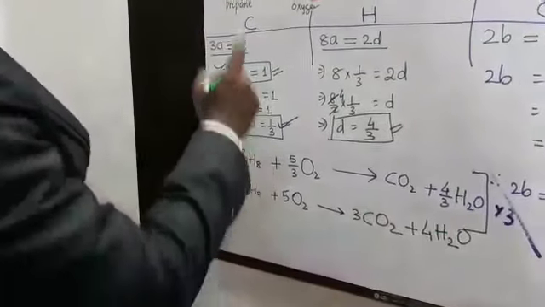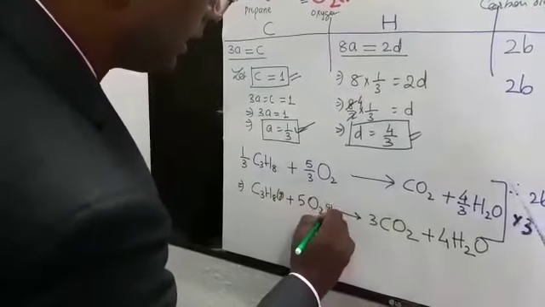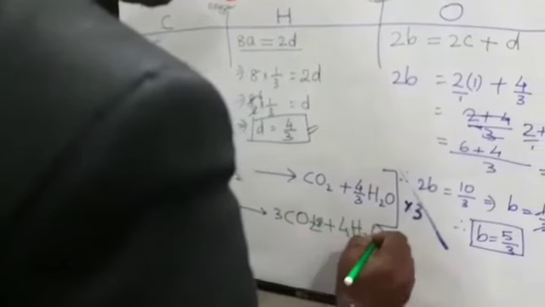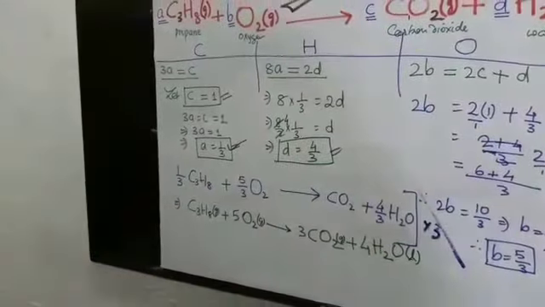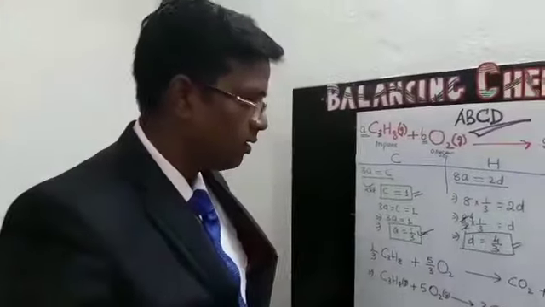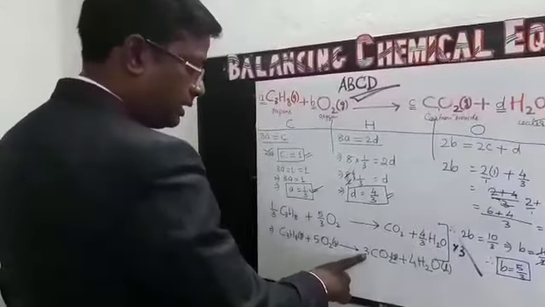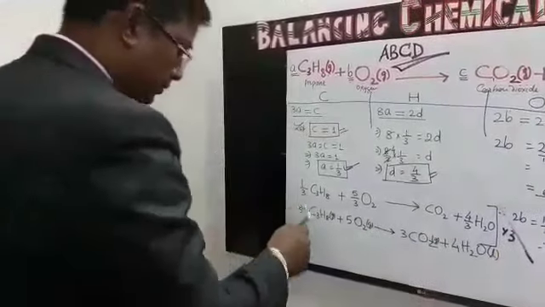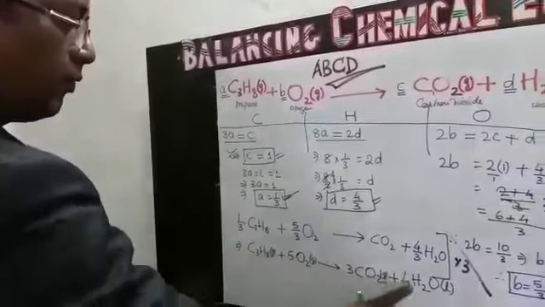Now this is obviously in gaseous state. Oxygen is also in gaseous state. CO2 is present in gaseous state and H2O in liquid state. Let's check whether we have arrived rightly or not. C3, this side C3. C is equal on both the sides. Hydrogen, if I see here, the number is 8 here, 4 2s are 8.